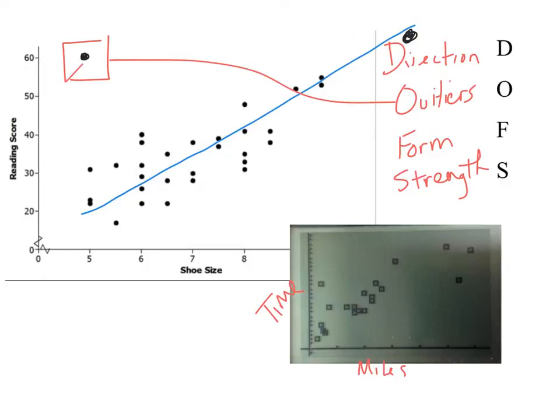The form is probably linear. A line would fit it, and I think that line would be pretty strong. In terms of outliers, I think this person right here is furthest away from the trend, and the reason is that student walked to school. So they don't live very far away, but it took that student a while to get there because they walked. Okay, so that's how we describe DOFS.